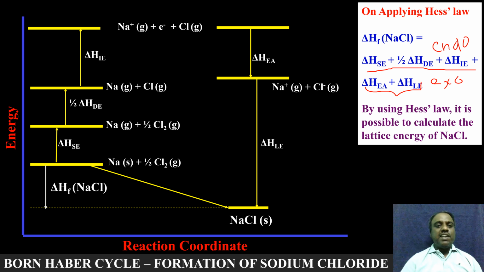You can see from the diagram also. Just look here, the sublimation energy is endothermic, bond dissociation is endothermic, ionization energy is endothermic. On the other hand, electron affinity as well as lattice energy are exothermic in nature.